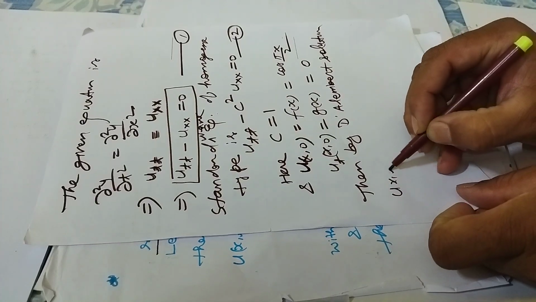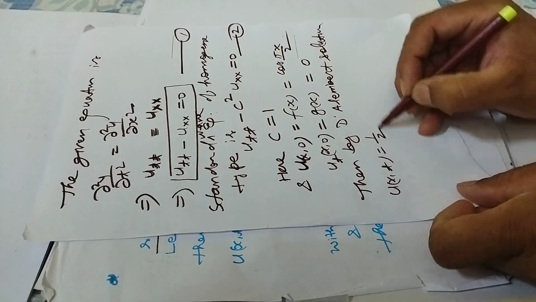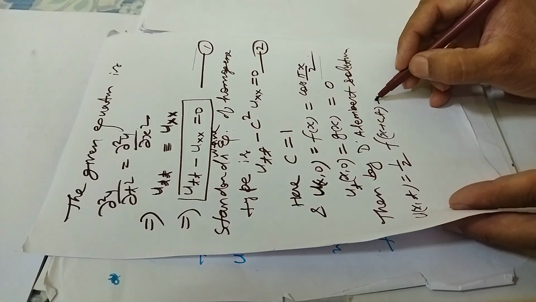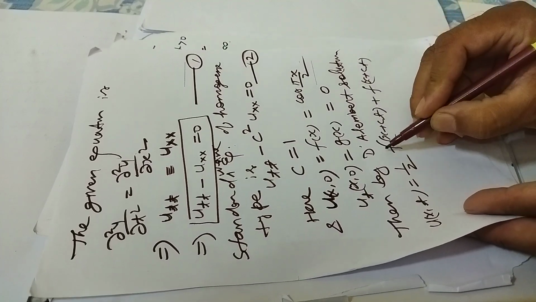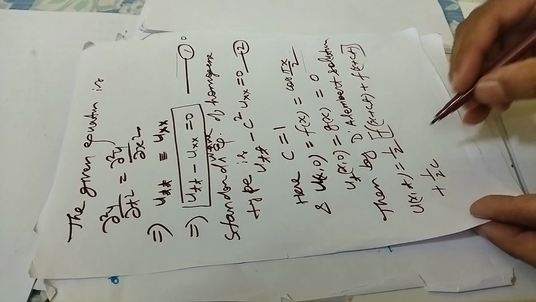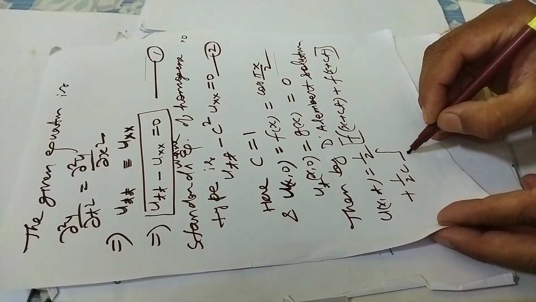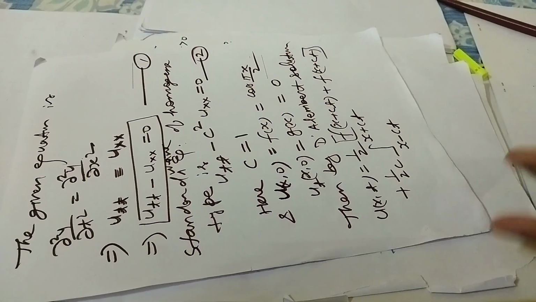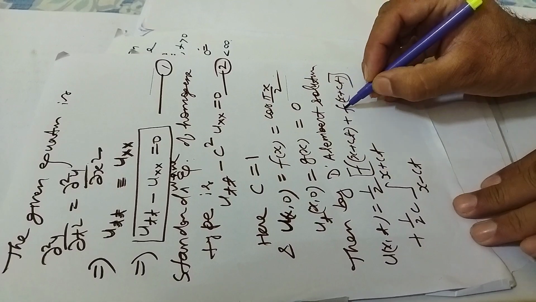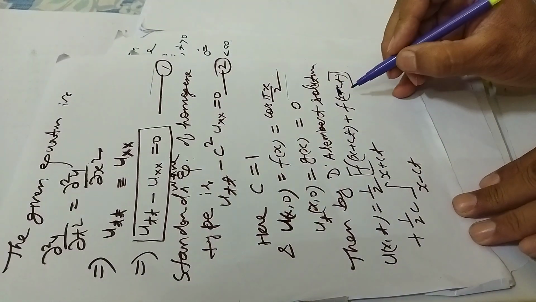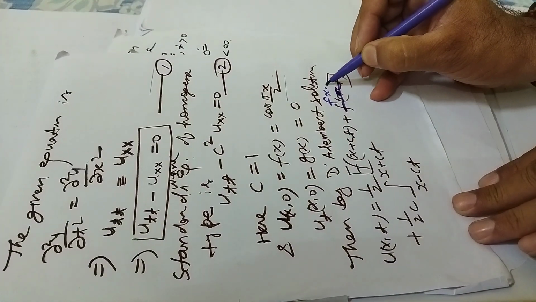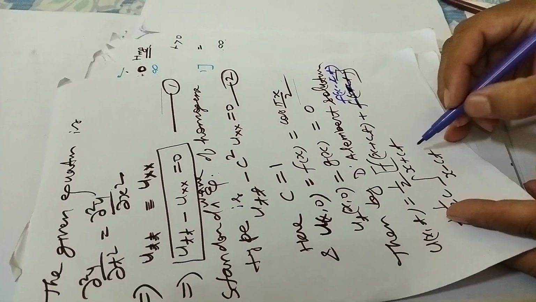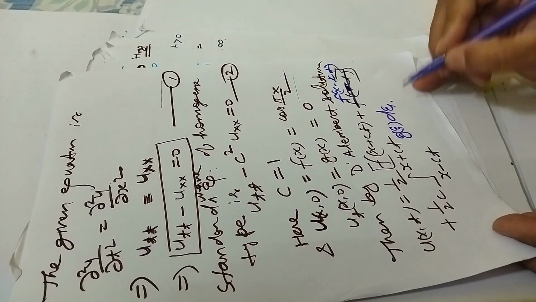This is u(x,t) is equal to 1 by 2 f(x plus ct) plus f(x minus ct), plus 1 by 2c integration from x minus ct to x plus ct of g(eta) d eta. Okay, this is the solution.